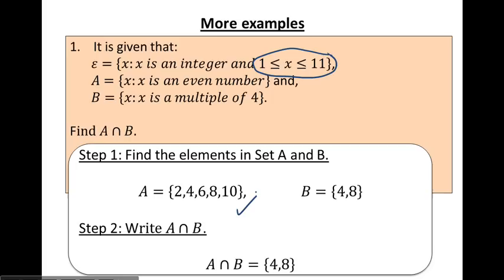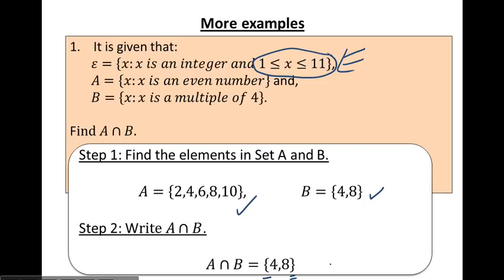Then for B, you are going to list out the multiples of 4. They are once again found in the universal set. So B contains these elements, 4 and 8. Next, look out for the common elements found in A and B. You'll notice that 4 and 8 are common to both sets A and B. Therefore, A intersect B is a set, remember the braces, that contains the elements 4 and 8.